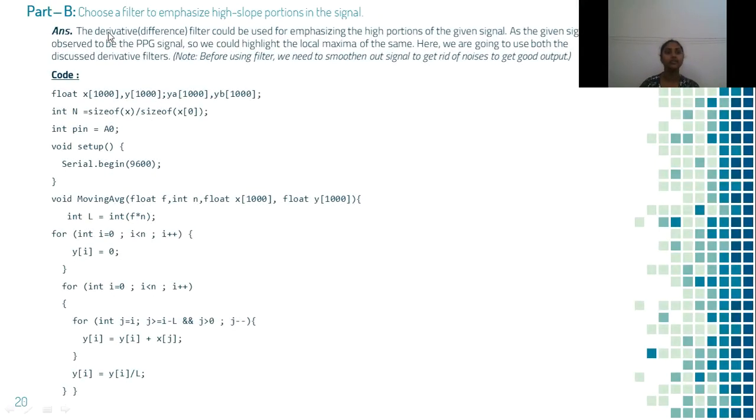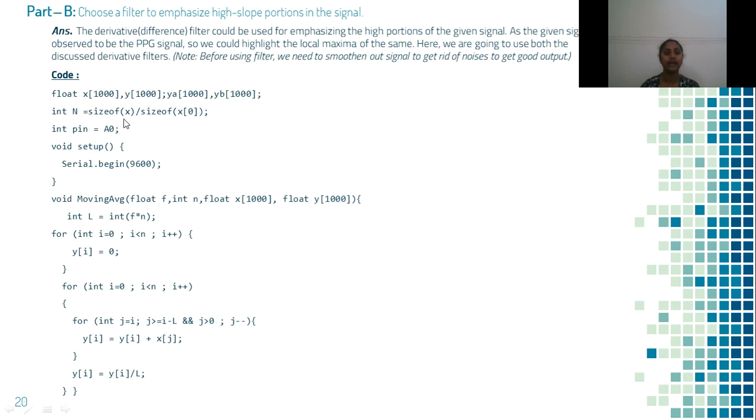And the next one is to choose a filter to emphasize high slope portions in the signal. As we have already seen before in the theory, a derivative filter of first order is used to emphasize high slope portions in the signal. So first of all, we have to collect the signals, for which we define an array x of 1000, that is the 1000 samples we are going to collect, and y of 1000, which gives the output ya and yb.